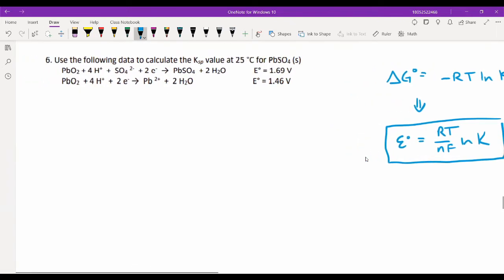So we're going to first find the potential in order to figure out the KSP for this. So the KSP reaction that we want is, if we recall, the dissolution of some salt, some ionic compound, into its ions.